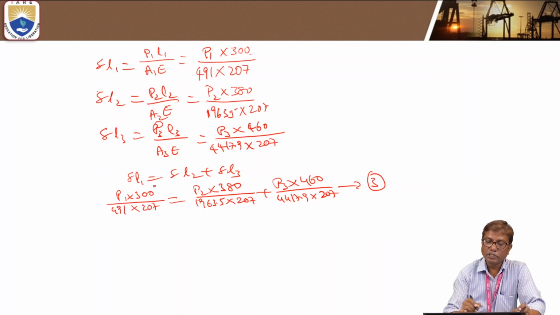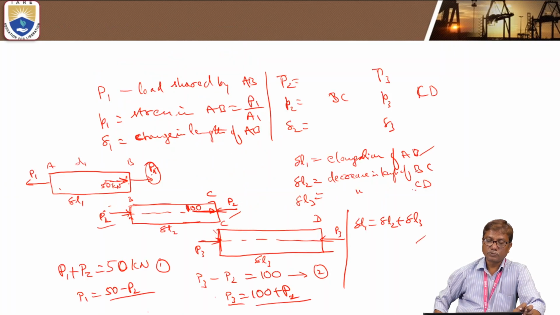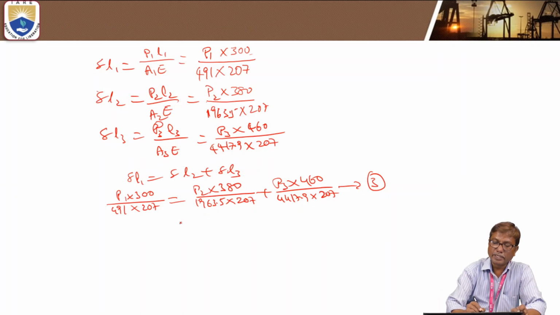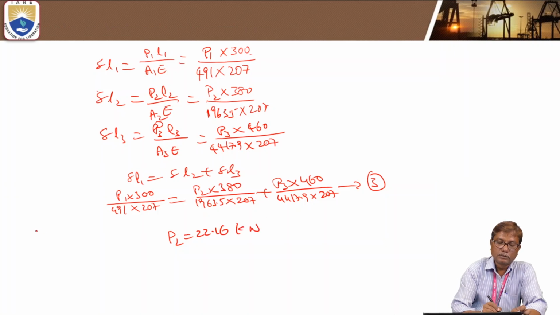Solving this for P2, we will get the value of P2 as 22.16 kilonewtons.